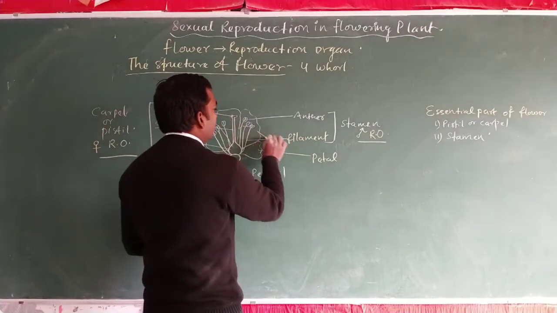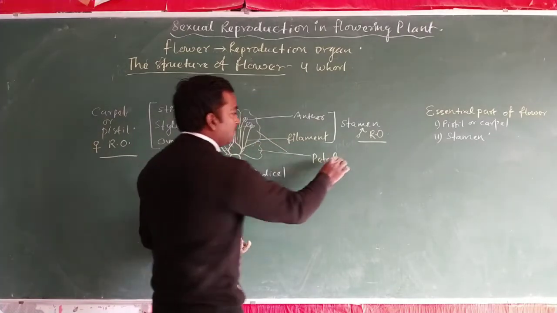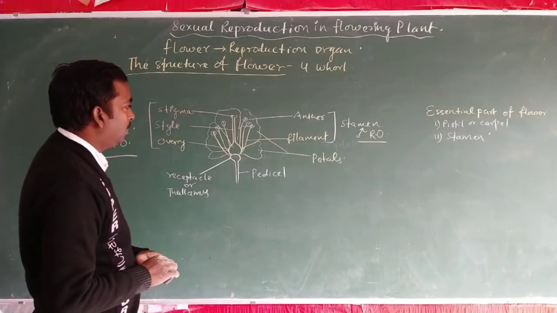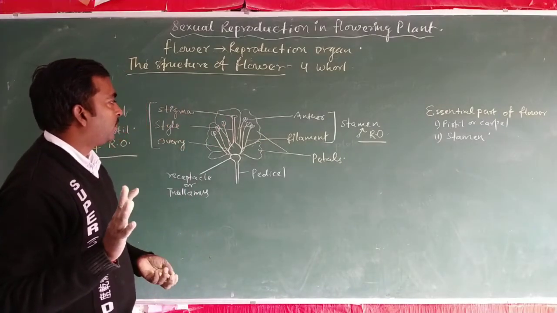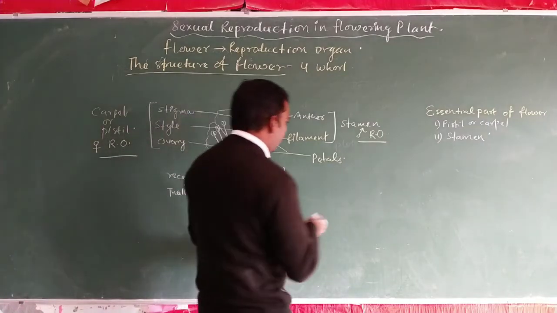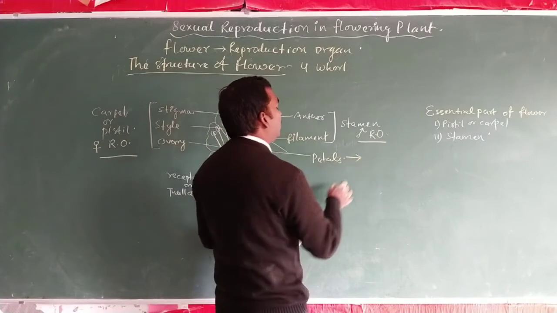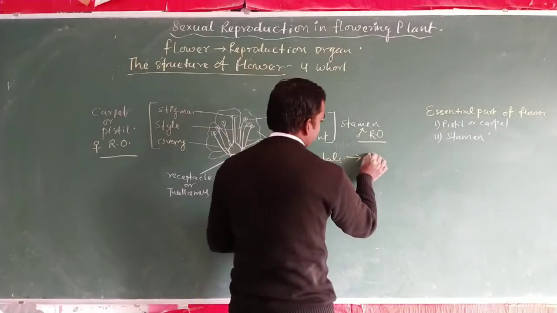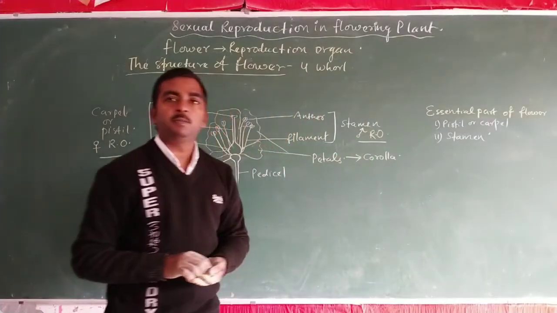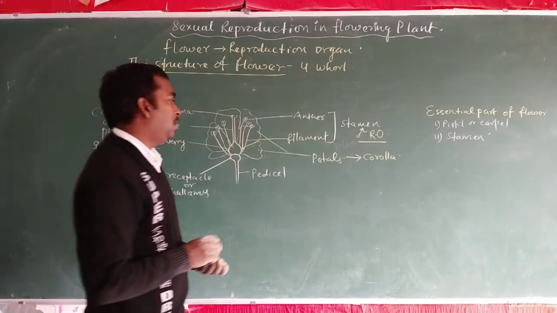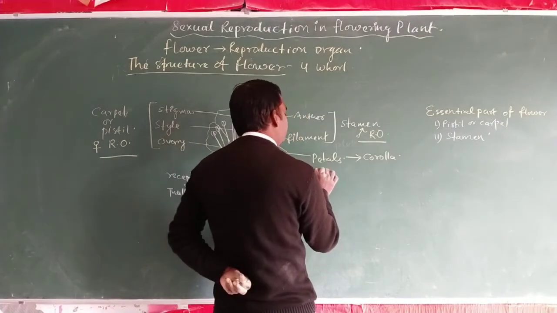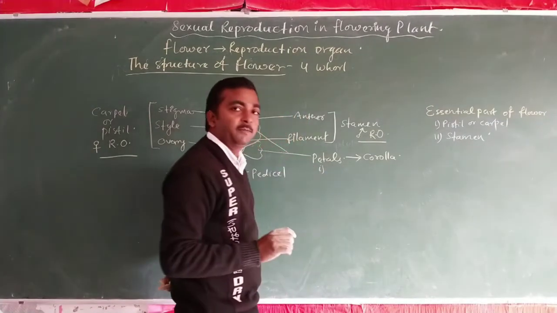The petals are the third or second outermost wall of the flower, and all the petals together make the corolla. It means the petals are collectively known as corolla, and there are two main functions of corolla.